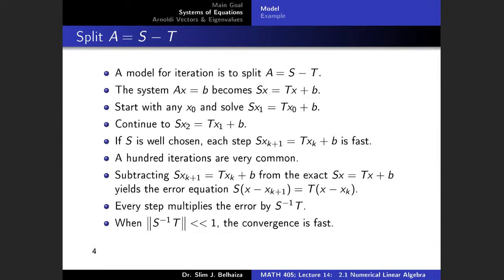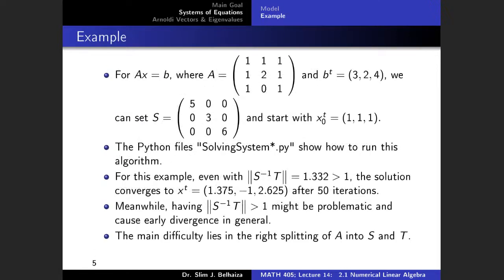And S is well chosen when the error is reduced at every iteration, because the error is multiplied by S inverse times T at every iteration. So if the norm of S inverse T is less than 1, then you can say that you have fast convergence. For example, in that case we have this beautiful linear system 1, 1, 1; 1, 2, 1; 1, 0, 1, with this 3, 2, 4 right-hand side.